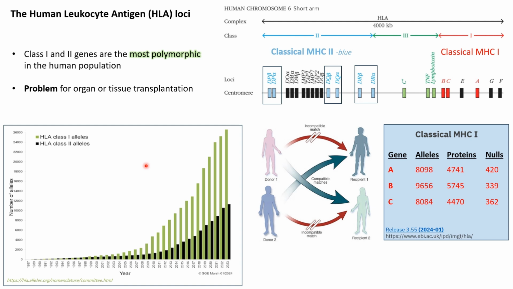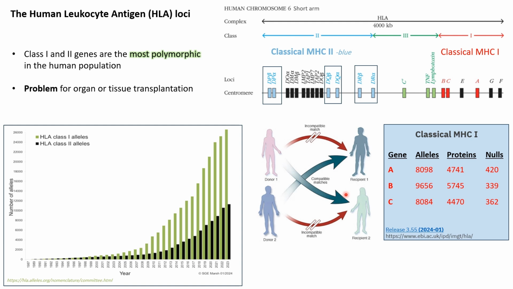The negative consequence of this is if we want to do an organ transplant from a donor to a recipient, then this can only be effective in the case of a compatible match. As you may know, if you know anything about organ transplantation, it's very difficult to get a compatible match. Obviously, we have a huge amount of allelic variation, and it's very rare to have a perfect match.